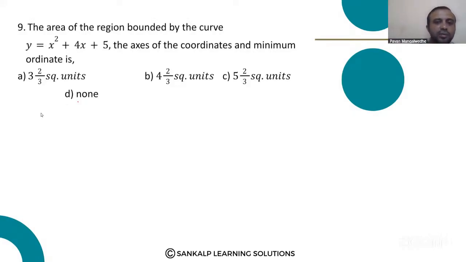Okay, 15 seconds time for you. Try to solve this. If you solved, you can give the answer in the chat box.